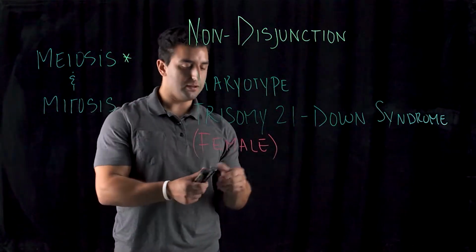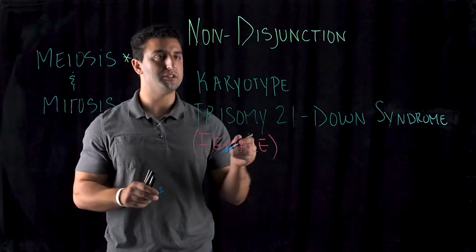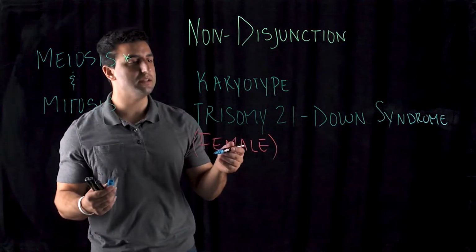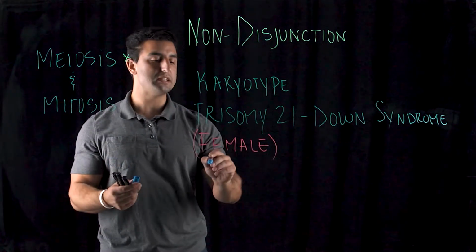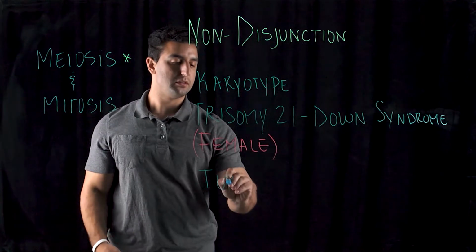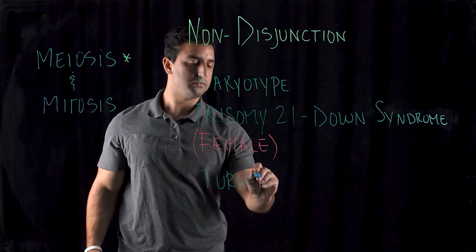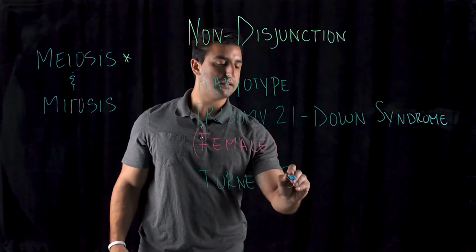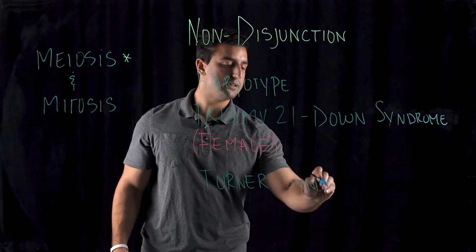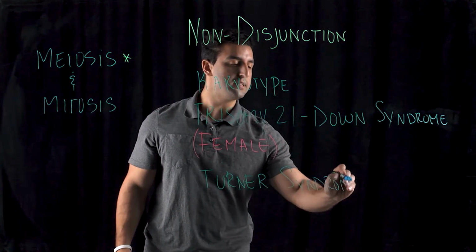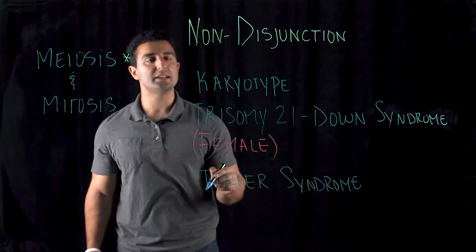On the other hand, we can look at another condition, for example, Turner syndrome. Turner syndrome is a condition where there is a missing chromosome, specifically a sex chromosome.